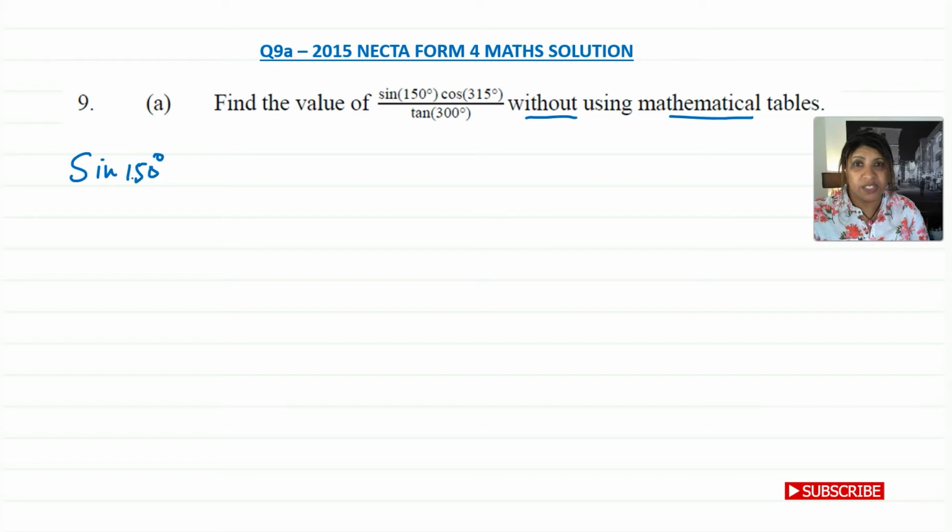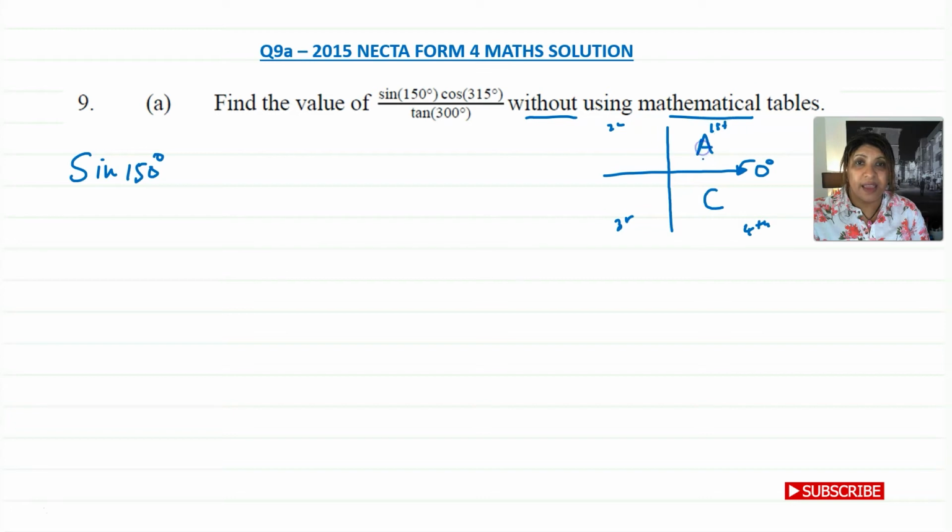Hopefully you know what this is, but I will still show you the diagram, in case you know the diagram but you don't use it, and then when you get other angles you don't know what to do. So this is our reference line here, and this is 0 degrees. This is the horizontal line, and this is your first, second, third, and fourth quadrant. In the fourth quadrant, cosine is positive, everything else is negative.